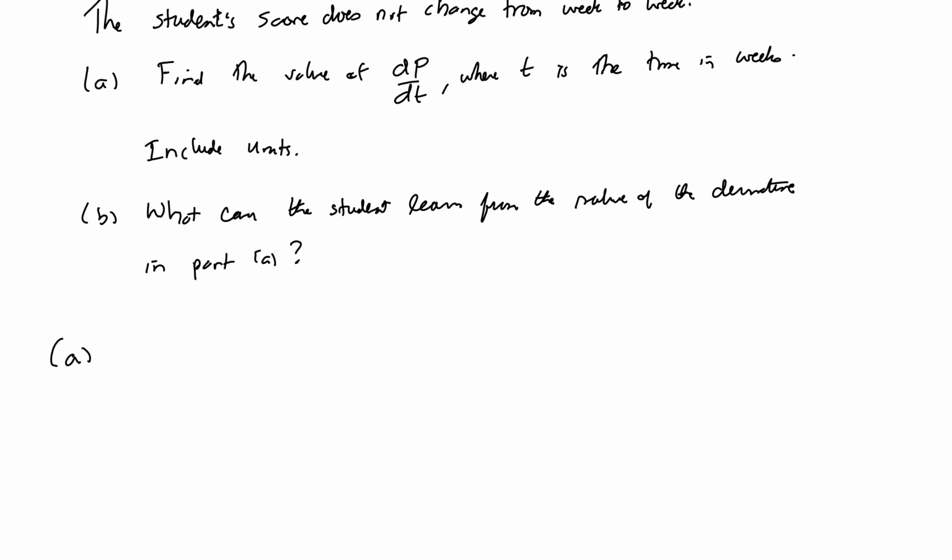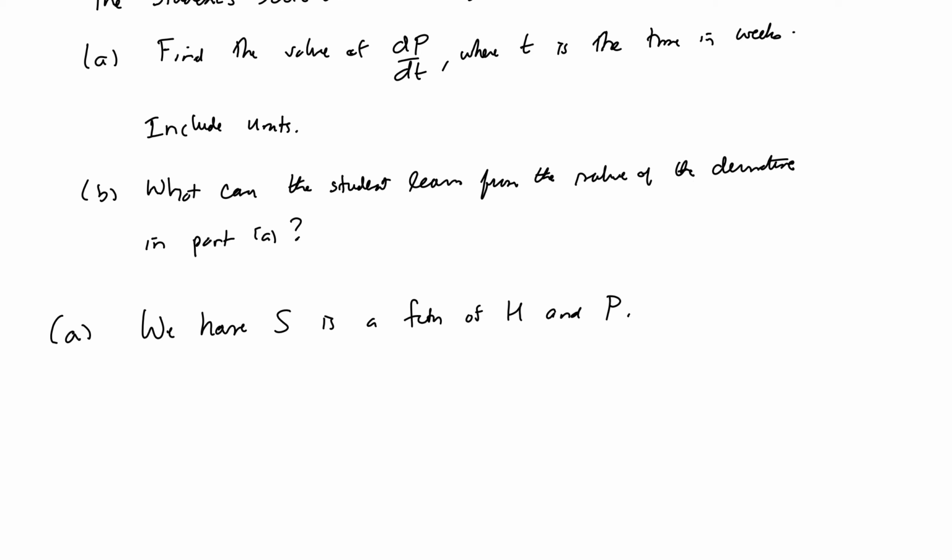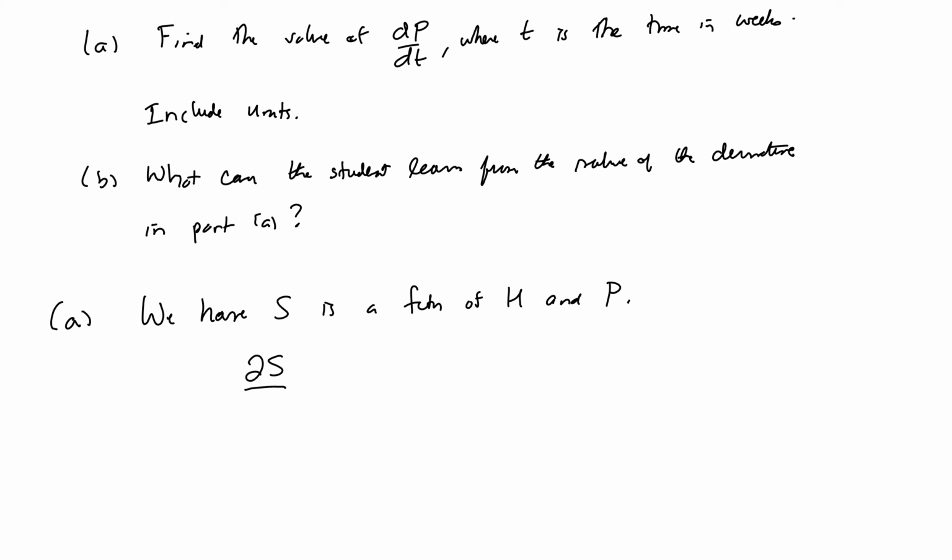Okay, so for part A, we have S is a function of H and P. From the setup, we know that the value of S goes up by 2 for every additional hour spent. The value of S goes up by 3 points for every 5 problems solved, so 3/5 is our ratio.